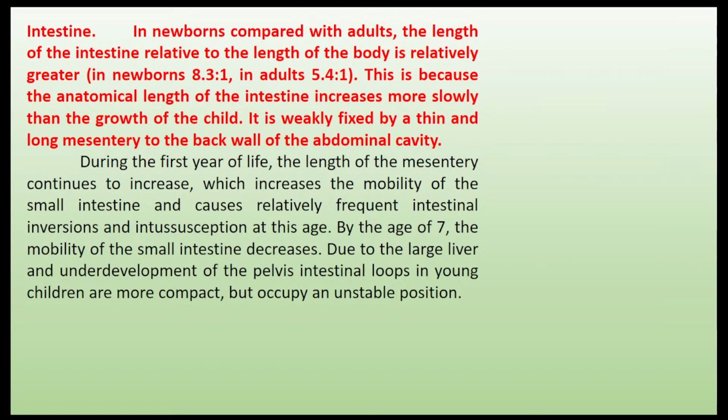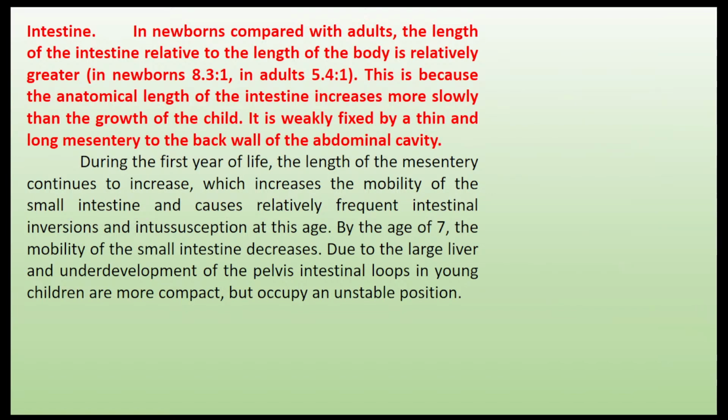This is because the anatomical length of the intestine increases more slowly than the growth of the body. It's weakly fixed by a thin and long mesentery to the back wall of the abdominal cavity.